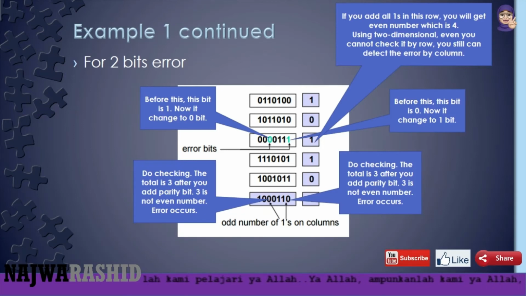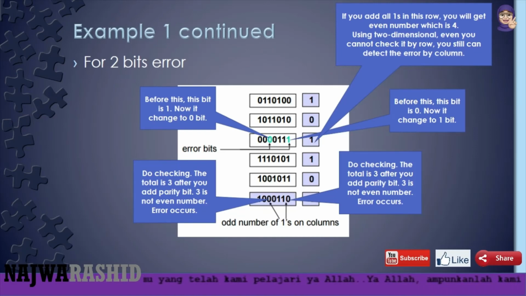You cannot depend on the row itself. So that means for the simple parity bit, we are only able to detect up to 1-bit error. With this two-dimensional parity check, we can now check up to 2-bit errors.